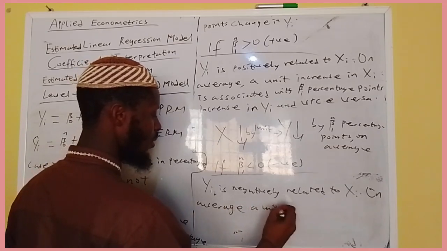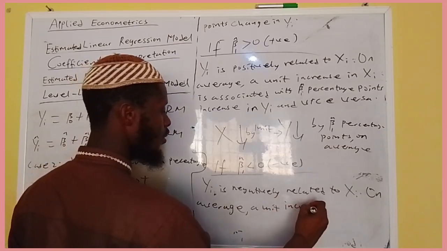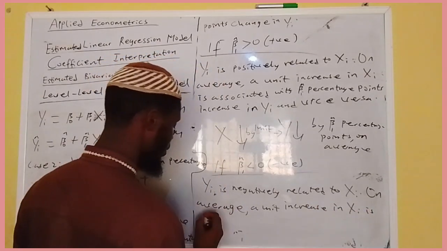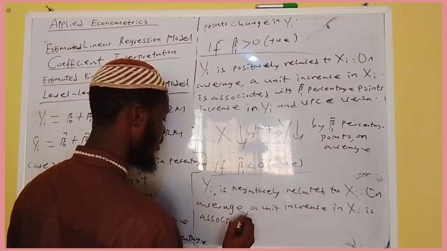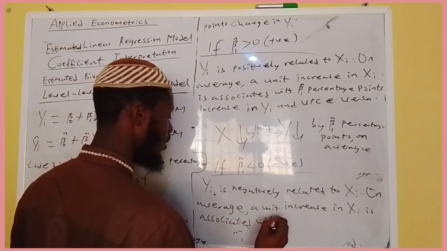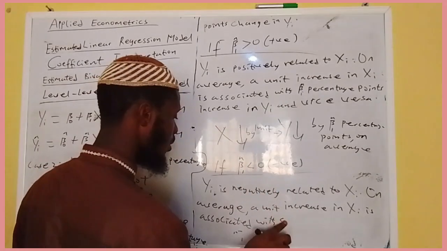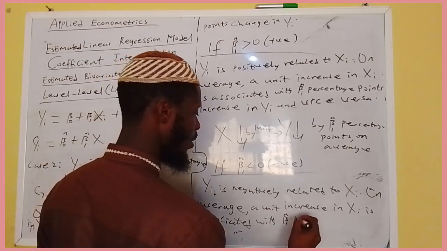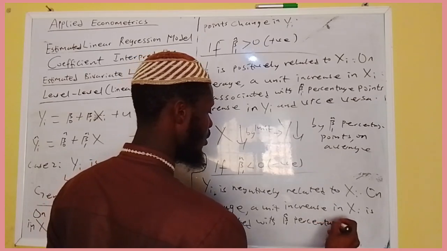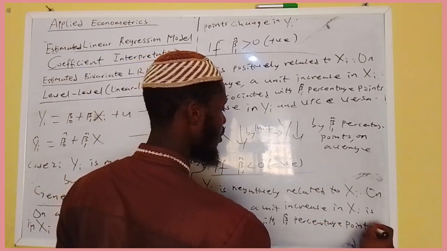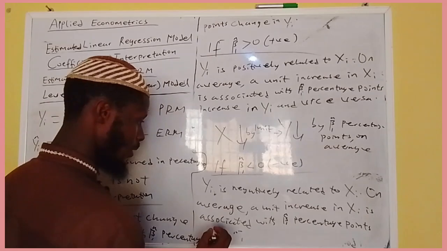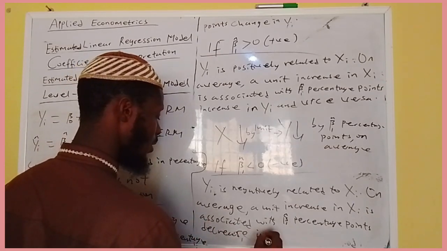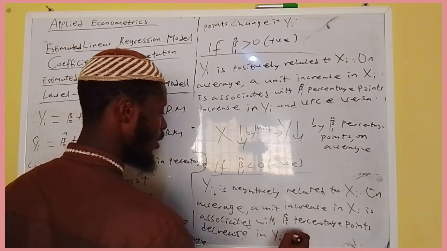So in other words, on average, a unit increase in x is associated with beta 1 hat percentage point decrease in y, because it's going to be in the opposite direction, and vice versa.